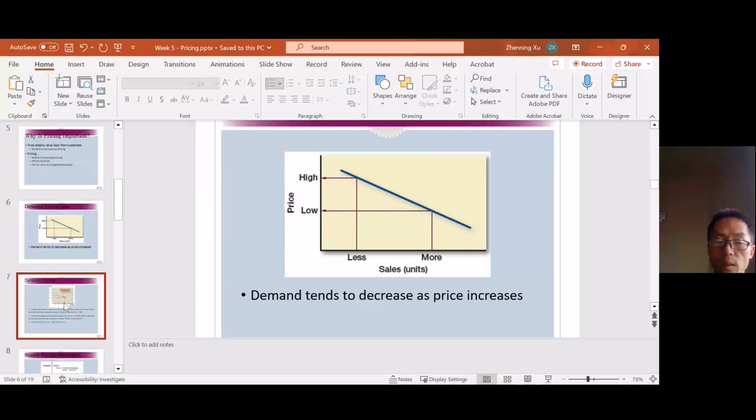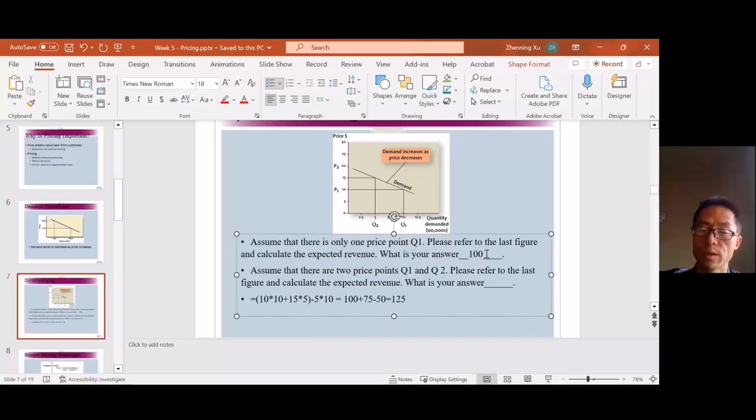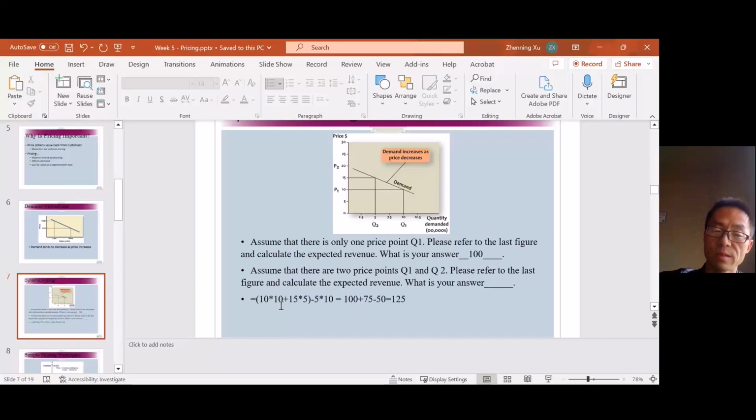The basic point here is to think about what happens when marketers charge different prices for different market segments. How much will revenue actually change? Now think about using one pricing point. For example, the first pricing point, P1 times Q1, equals 100. Then you charge different prices for two different segments.